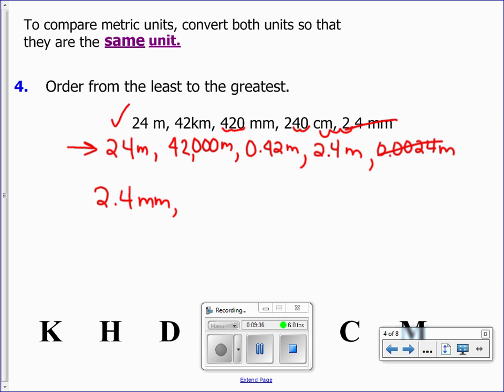Next, Mary Elizabeth. 420 millimeters, because that is this one right here. Next, 240 centimeters. Good.